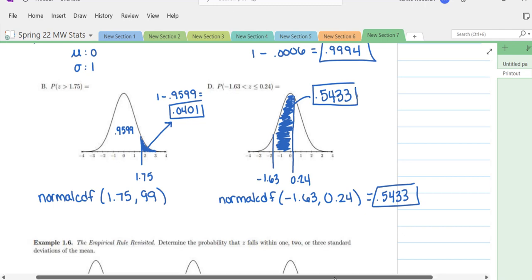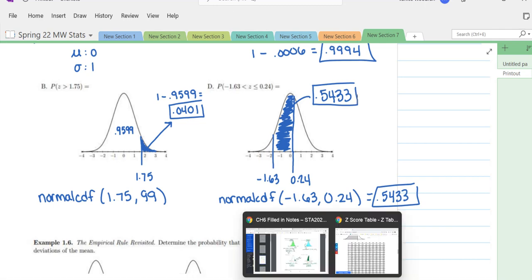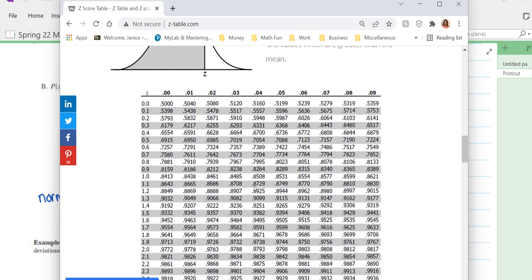So here I would look up 0.24. I'm going to look up the leftmost value first. So 0.24 gives you 0.5948. So let me write that down.